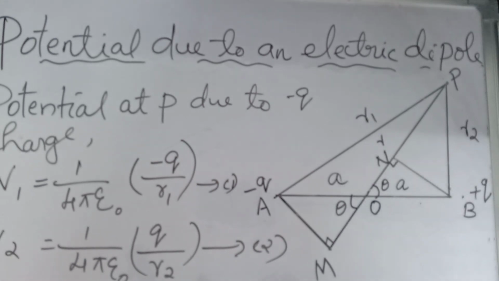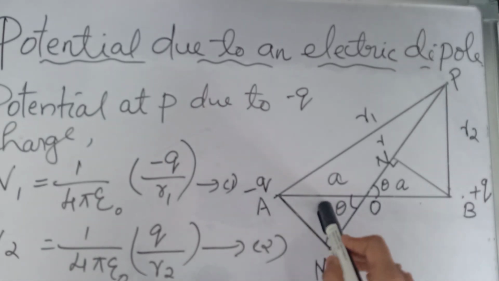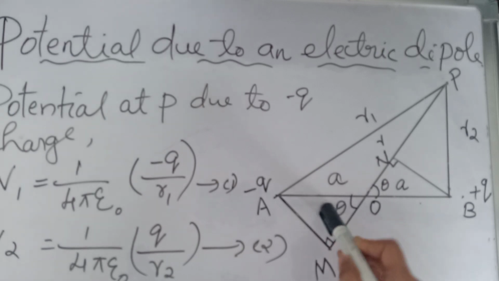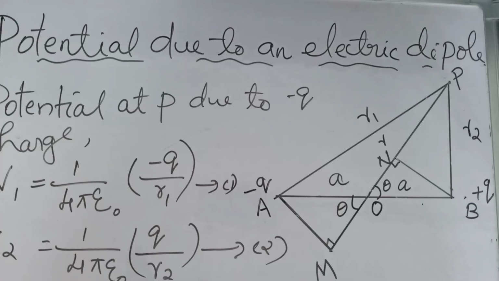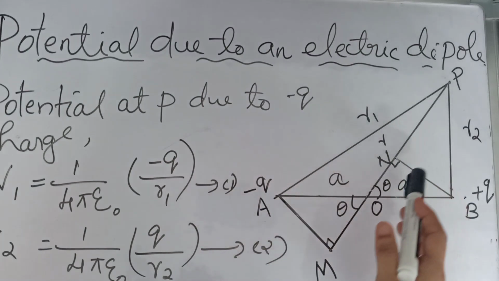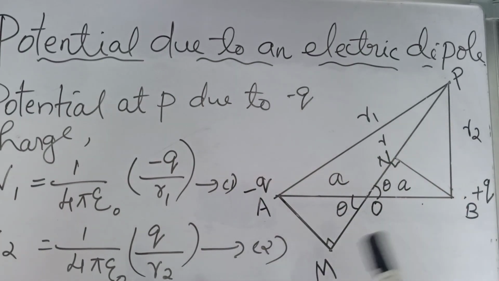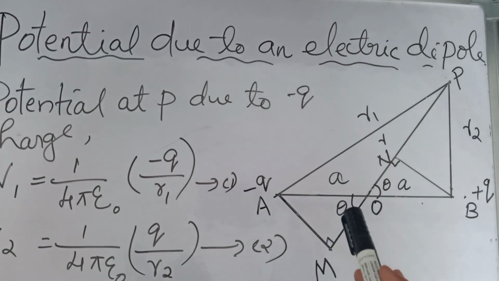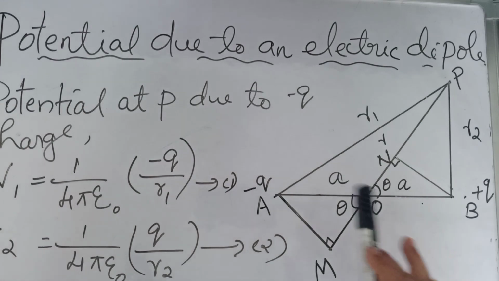That means for the last equation, when we give different values for the angle only, we get the axial line and equatorial line. Here there is no need of both derivations, because we don't have to find axial line and equatorial line separately. Only this one equation that we will derive, that is the equation for potential due to an electric dipole, and we will apply the conditions in the last equation. Then we will easily get the equation for axial line and equatorial line.